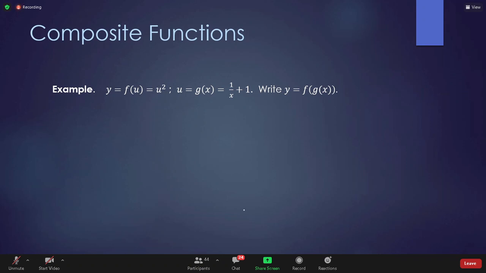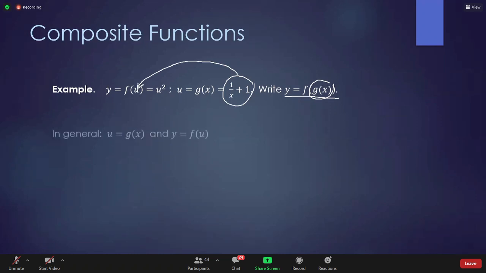In this case, we can think that g of x as a function must go into f. In other words, I take the function g of x found from x and put it into the y function instead of u, which means what we have to do with the g function is squaring.